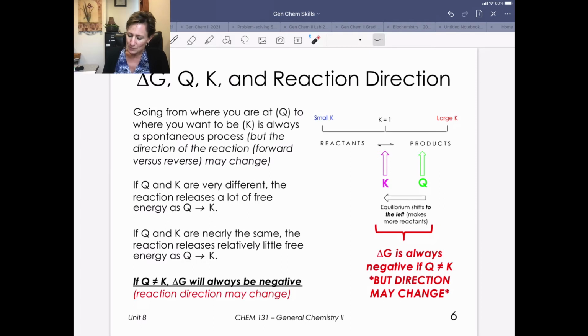So one of the things to keep in mind, notice here, if we're product heavy, we talked about this in our equilibrium chapter, right? We're going to have our equilibrium shift to make more reactants. And this is a critical concept to make sure we understand. If we are going to shift to make more reactants, we can't have the forward reaction keep happening.